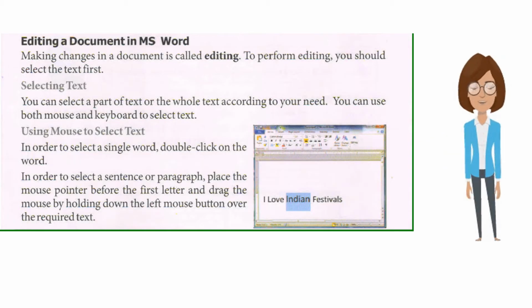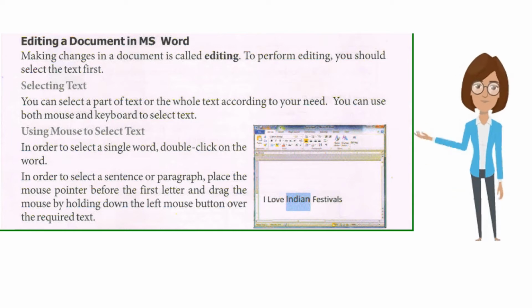Editing a document in MS Word. Making changes in a document is called editing. To perform editing, you should select the text first. Selecting text. You can select a part of text or the whole text according to your need. You can use both mouse and keyboard to select text.